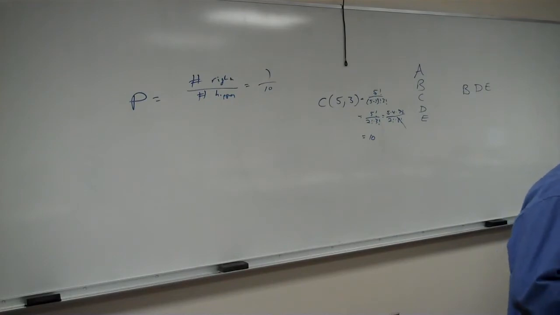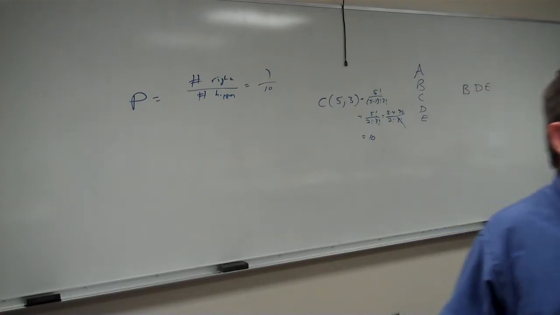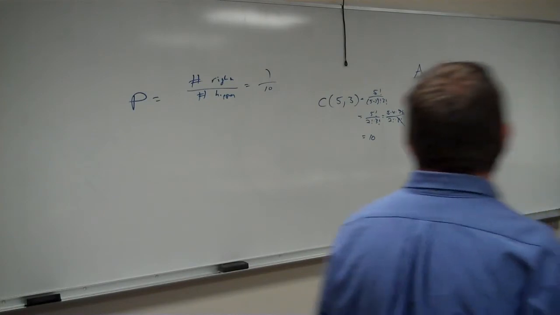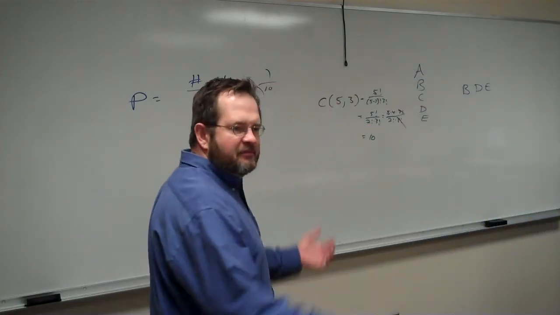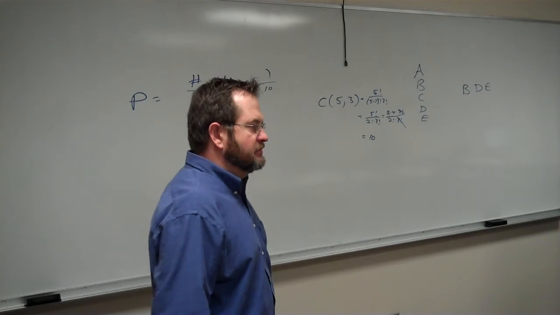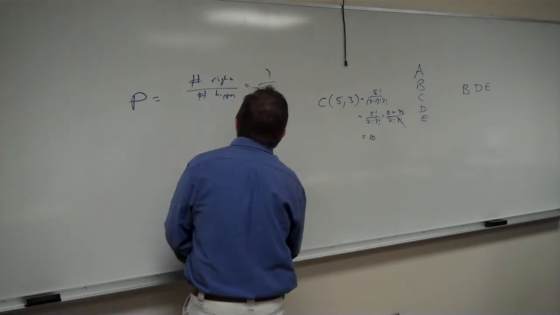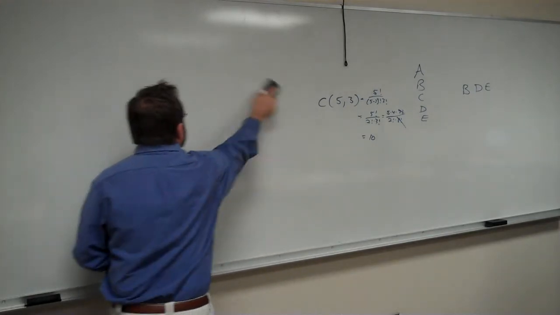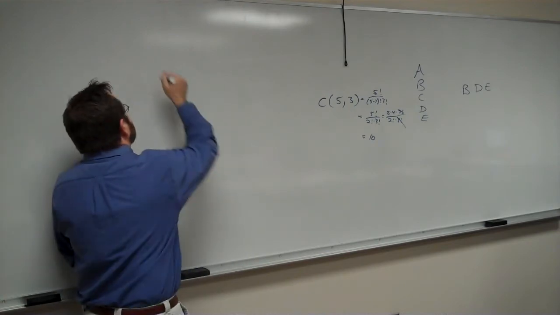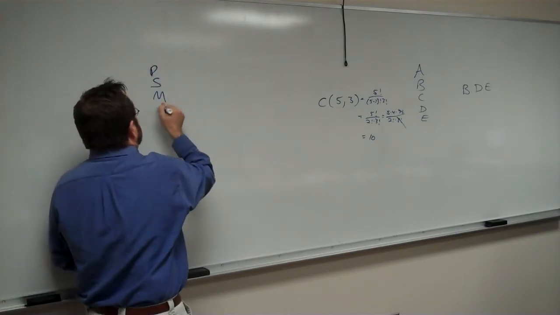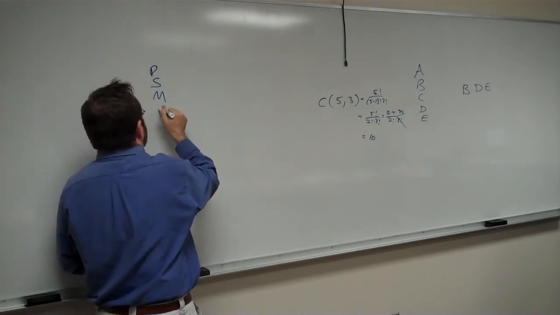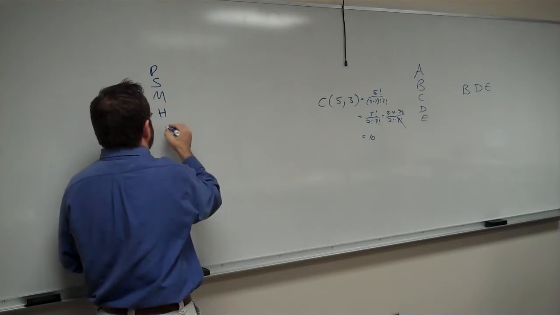A classic problem. Somebody called in to order a 2-topping pizza, but we lost the order. What's the probability we'll get it right? Let's say the pizza place has pepperoni, sausage, mushroom, hamburger, and pineapple.